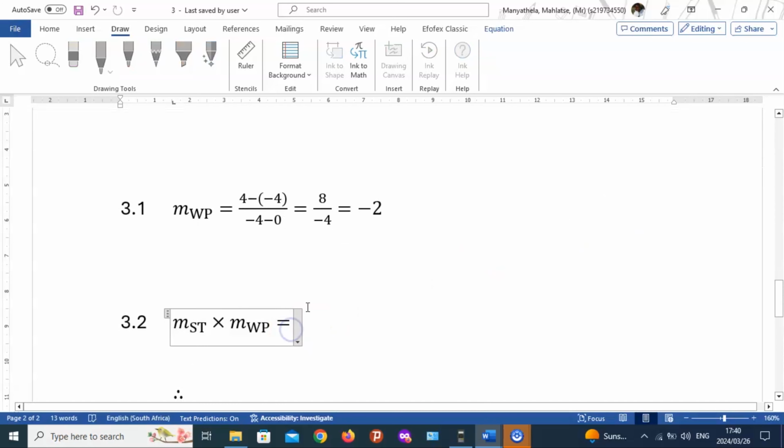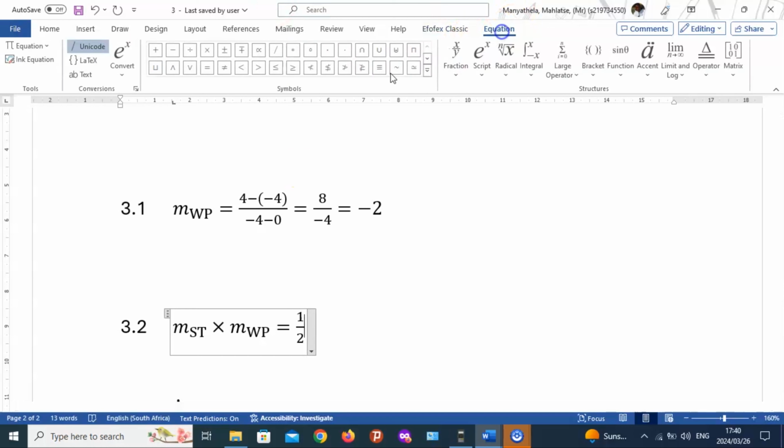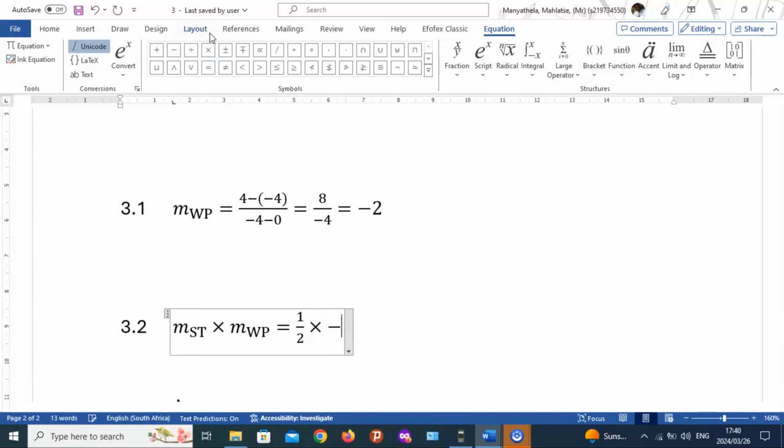The product of the gradients of perpendicular lines is equal to -1. So we have the gradient of ST being 1 over 2. We're going to say 1 over 2 multiplied by the other gradient, which is -2.